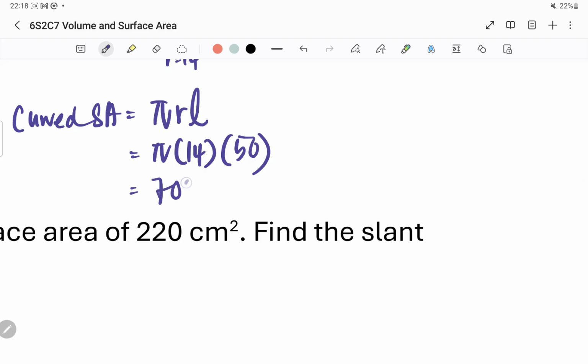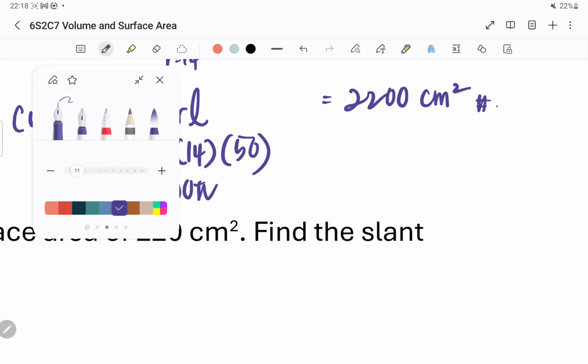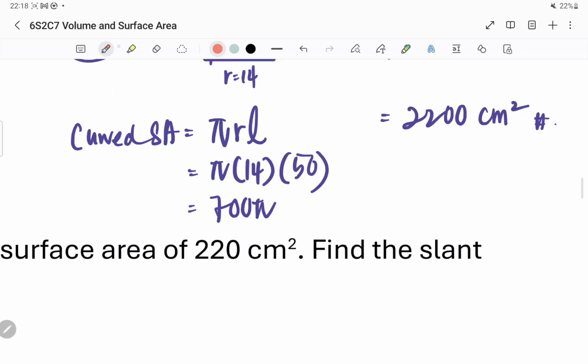Here you should have 700 pi, or you can write it in decimals, you should get 2200 cm squared. Remember, this is only the curved surface area. I'm not asking you to find the total surface area.